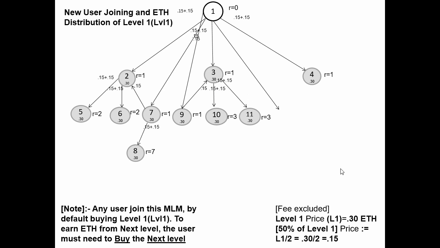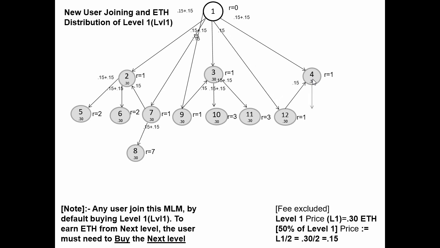And the next user, user 12, will be added by user 1. So this one, this one, this one, this one are already filled up. So it will be placed here behind user 4, because on this second level a maximum of 9 people can be added. So for user 12, 50% of the money goes to user 1 and to user 4 as it is connected directly with user 4.